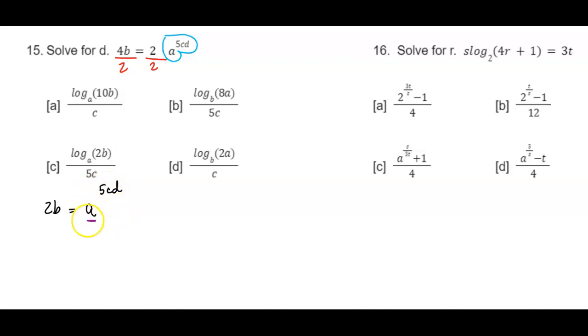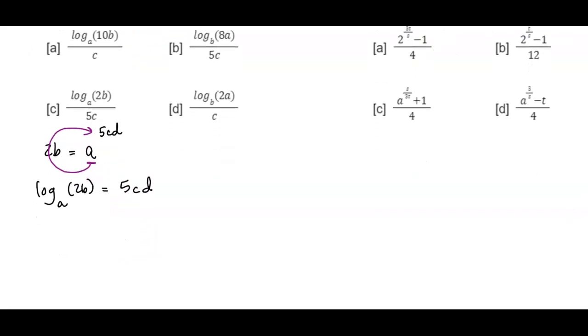So starting with the base going towards the equal sign, I want it to be log base a of 2b equals 5cd. Now the last step here, to solve for D, is to divide both sides by 5C.